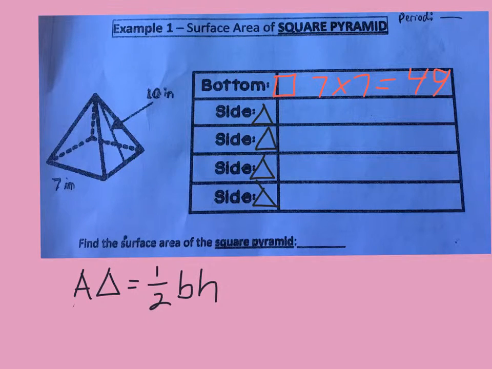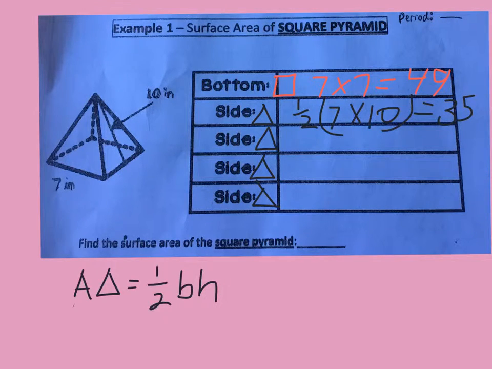So I'm going to write in the base, 7, times the height, 10, and then multiply by 1/2. So 7 times 10 is 70, and 1/2 of 70 would be 35.